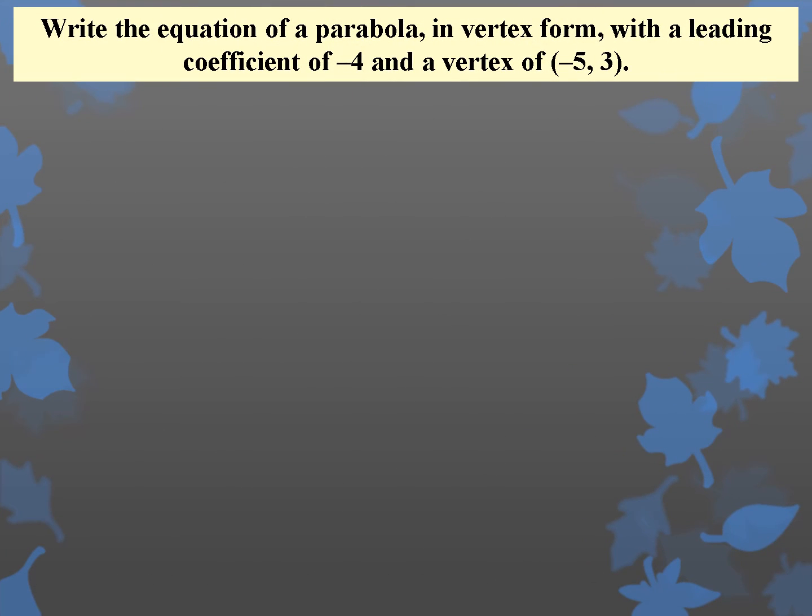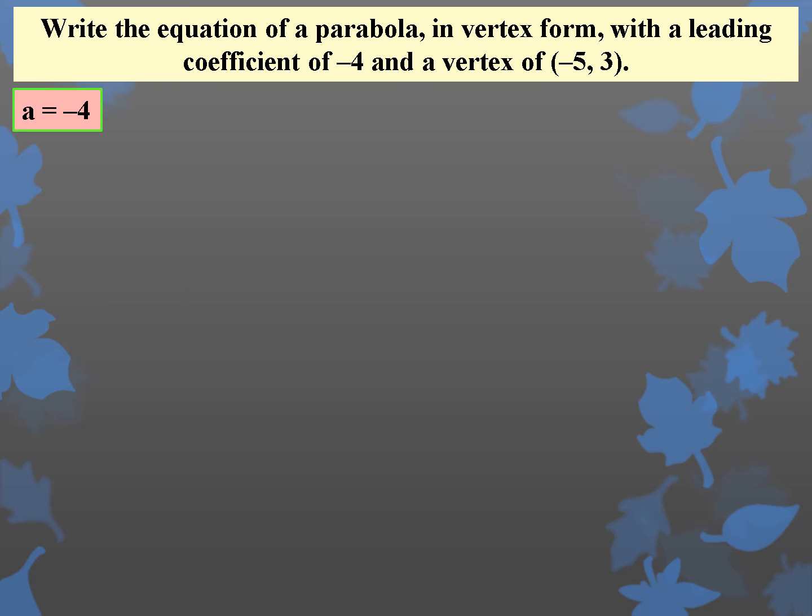All right, let's do some equation work now. I want to write the equation of a parabola in vertex form with a leading coefficient of negative 4 and a vertex of negative 5, 3. Well, your leading coefficient is always A. So that tells me that A is negative 4.